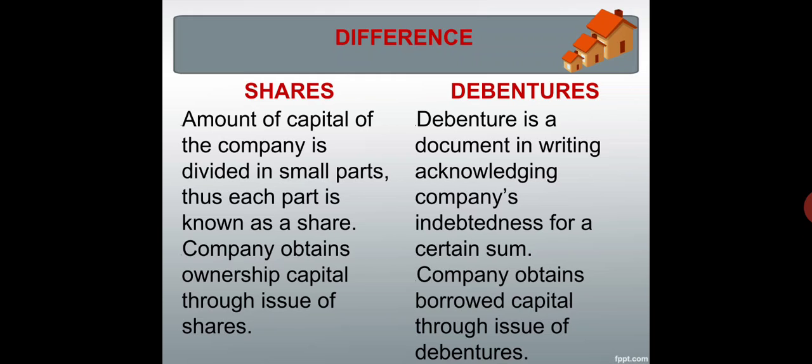So it is not divided into small parts. When a company issues its own capital, it divides it into small parts so that it can attract as many investors as possible. In debentures, the organization creates borrowed capital in the market.